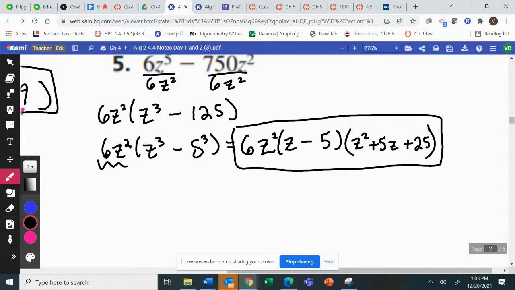Paper. Either of you want a paper? Nope. Not one left. Okay. All right. So you guys are working on that.